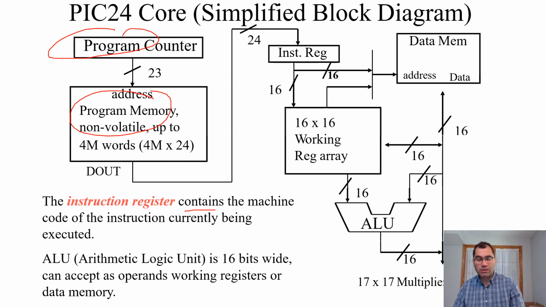This is volatile memory, meaning if power is off, you lose all the data. So one important aspect of PIC24 is that program memory and data memory are separate, and the program memory is non-volatile and data memory is volatile.